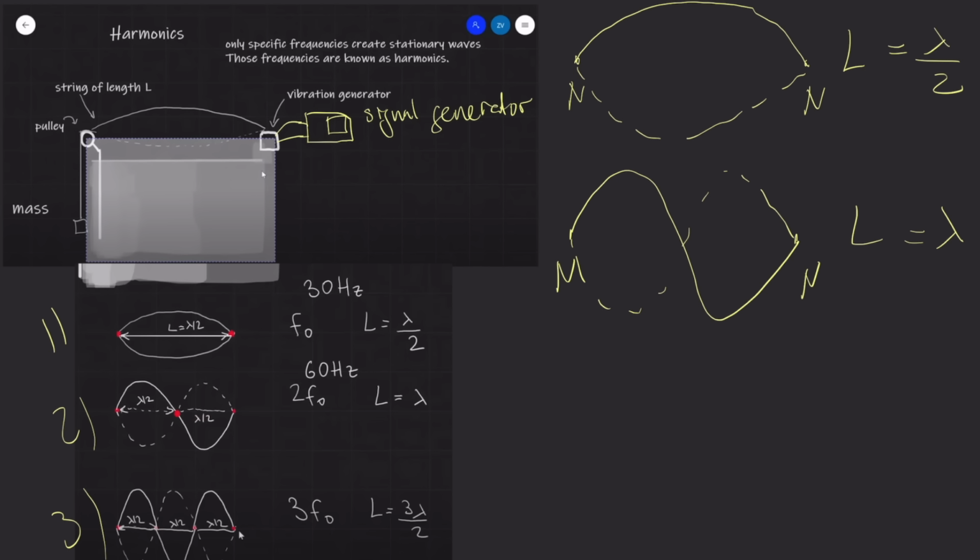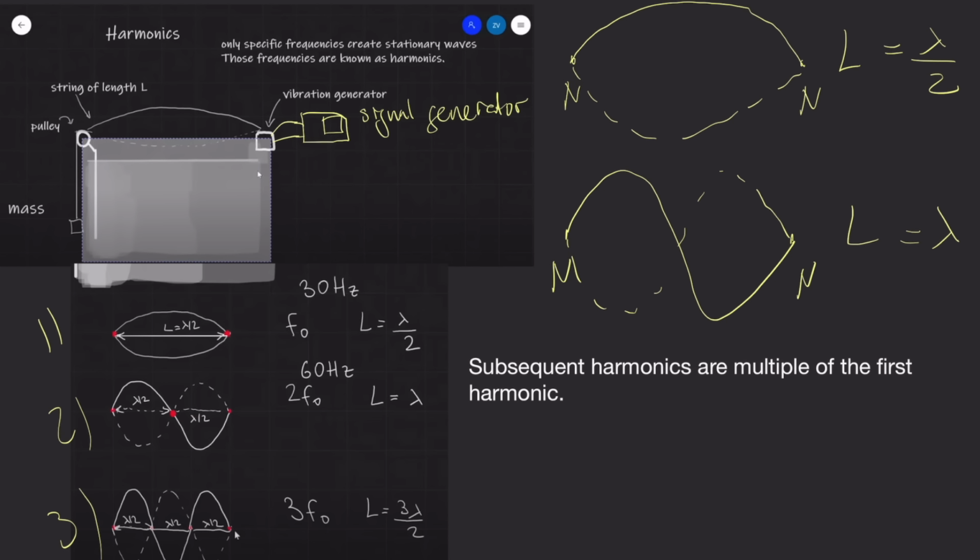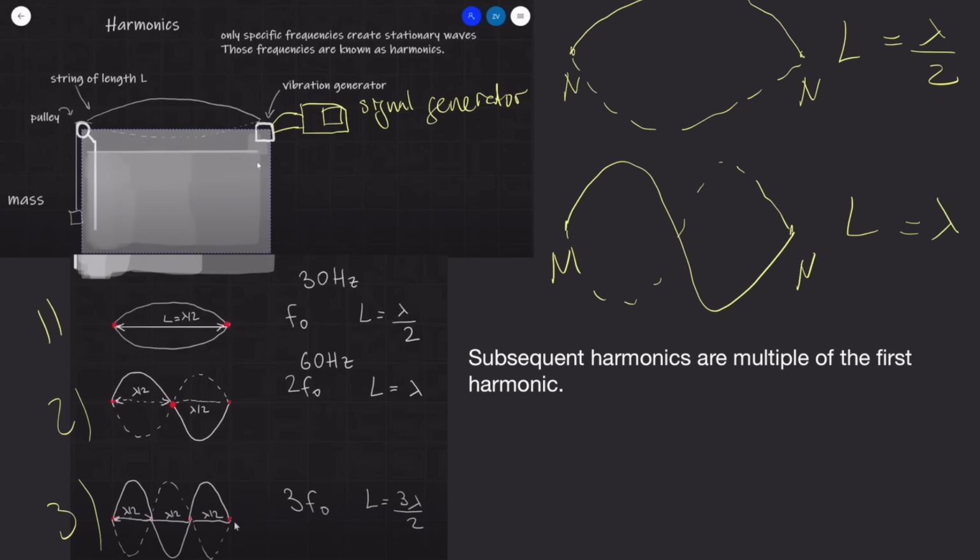There's also something really important that will allow us to calculate any subsequent harmonics. All the harmonics are multiples of the first harmonic. In this case here, I've just made up some numbers just for the sake of revision. Our first harmonic is, let's say, 30 Hertz.